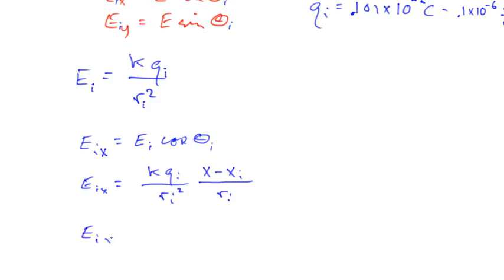E I x equals k q sub I times x minus x sub I, all divided by r sub I cubed.